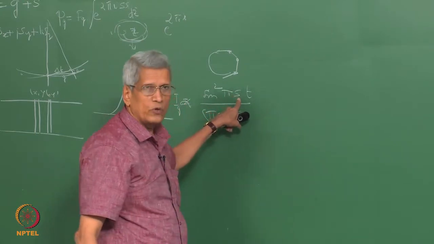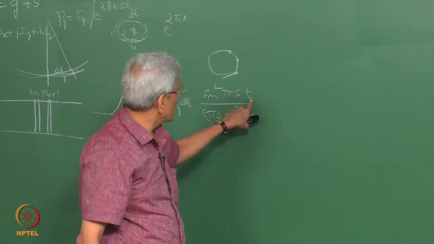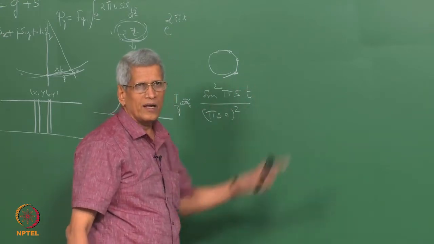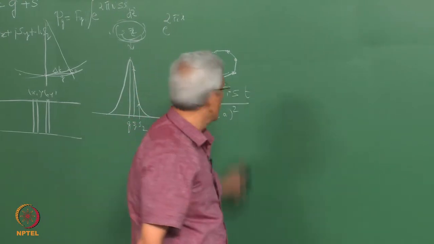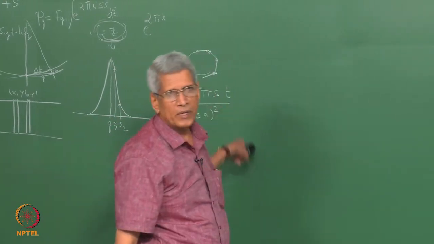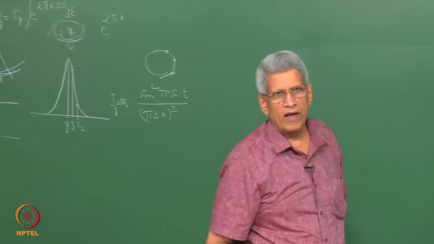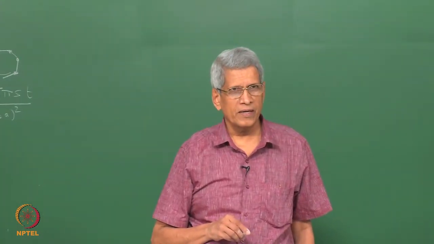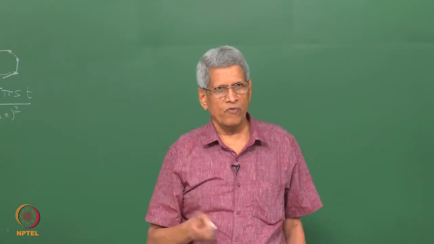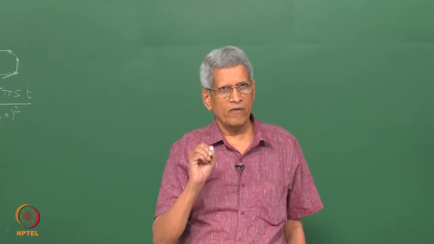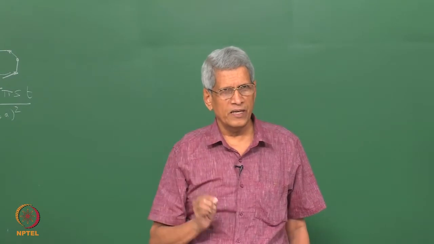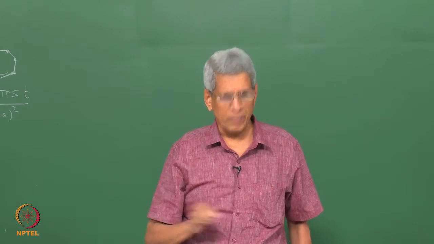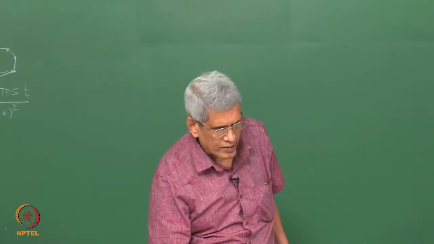For a particular value of s, you can have a value of t so that this term turns out to be a small integer, correct? Then the intensity will become 0. Depending upon that value, the intensity can fluctuate, correct? So for a particular value of s, we have multiple values of t for which the intensity can go to maximum and come down to minimum. That is what essentially is being shown here.